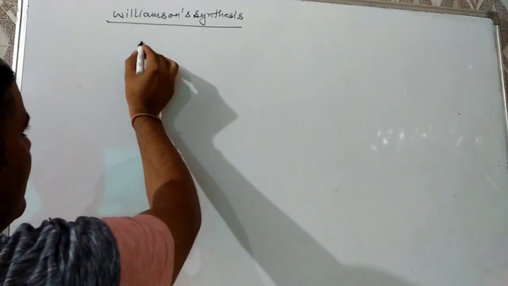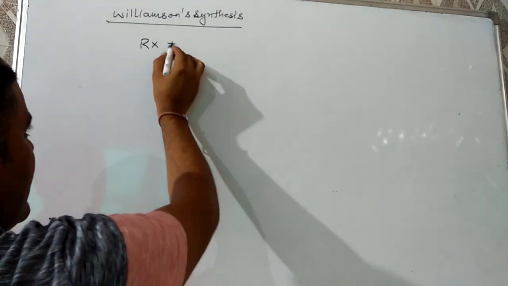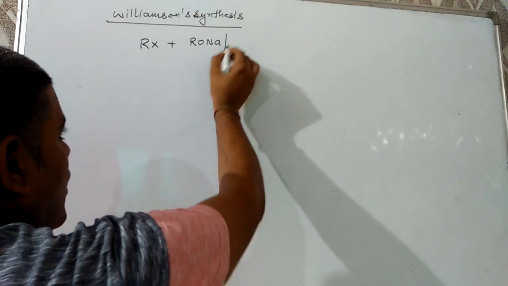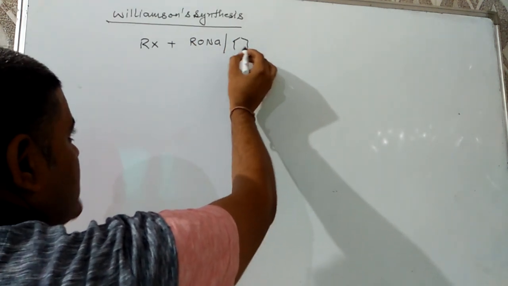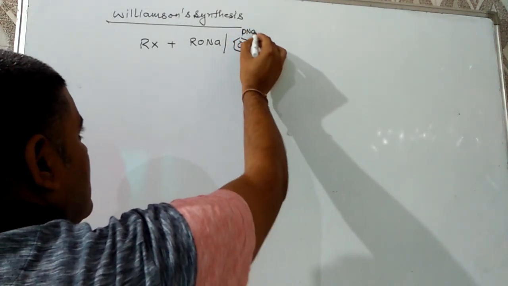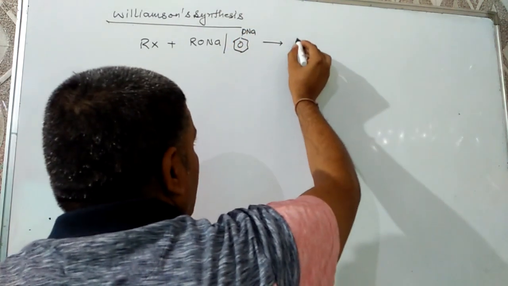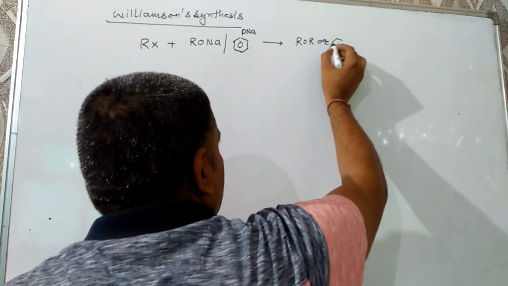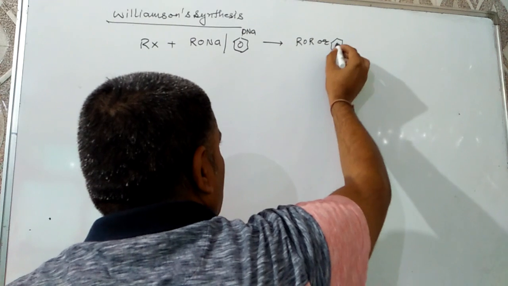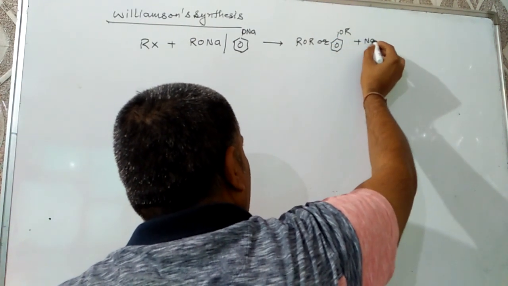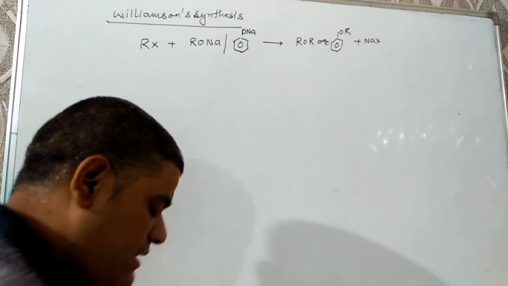The haloalkane can react with RONa, sodium alkoxide, or sodium phenoxide to give the product ROR, or benzene having an OR group on it, plus NaX. This reaction is known as Williamson synthesis.